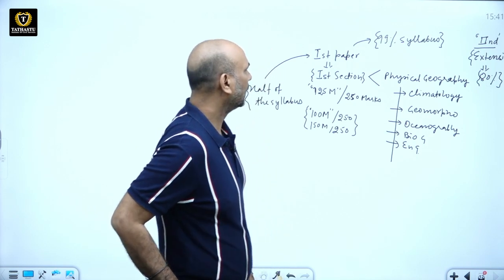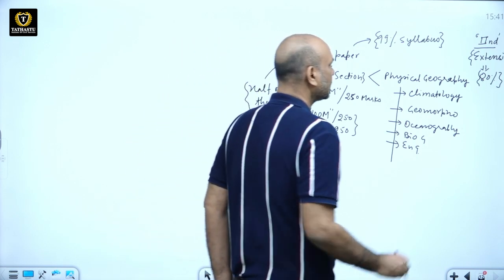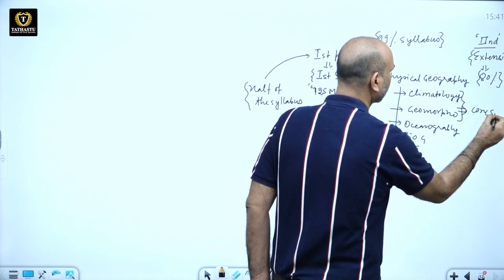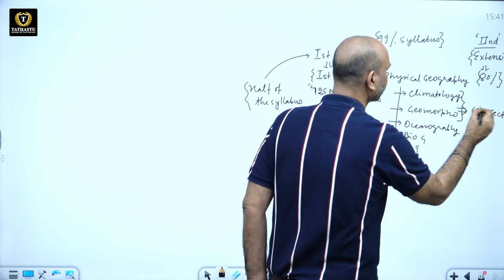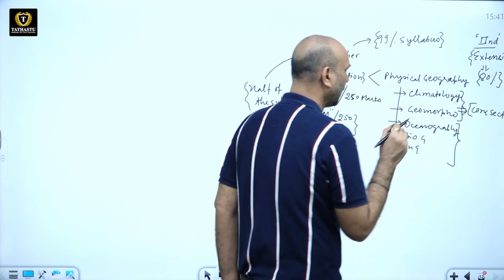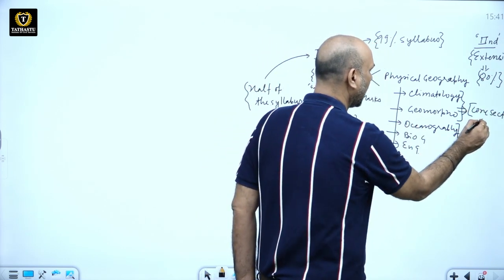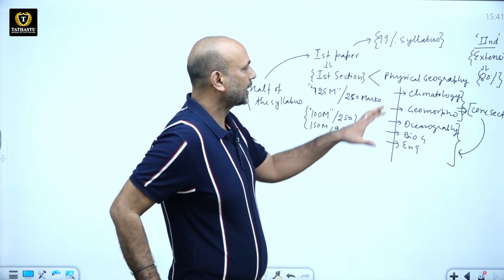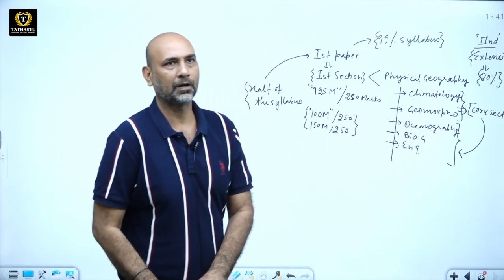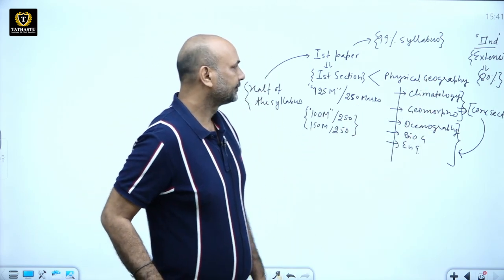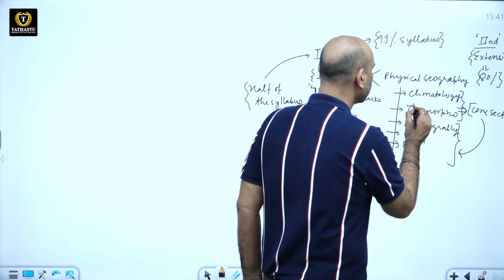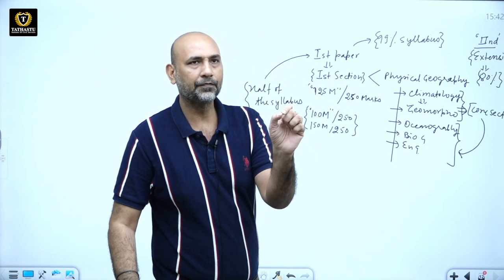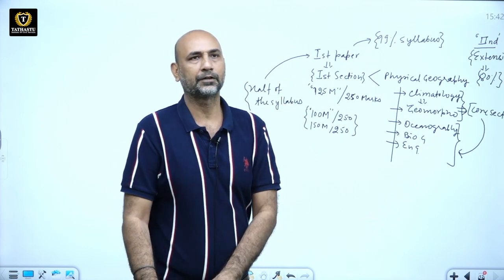Now, in the first paper, we are going to start with climatology and geomorphology. These two are the core sections in the first section of the first paper, because oceanography, biogeography and environmental geography are related to the application of concepts, principles, theories and ideas of climatology and geomorphology. Even in geomorphology, the geomorphological landscape, climate, atmospheric conditions and weather play a very important role.